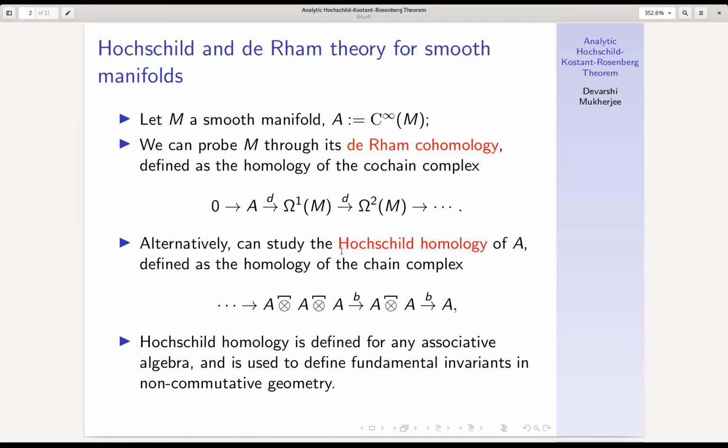If you have a smooth manifold, you can talk about its de Rham cohomology, which is a fundamental invariant for smooth manifolds. This is defined as the homology of a certain cochain complex. The cochain complex is defined in terms of the algebra in degree 0 and the differential forms in each other degree. Or alternatively, you can study the Hochschild homology of the algebra.